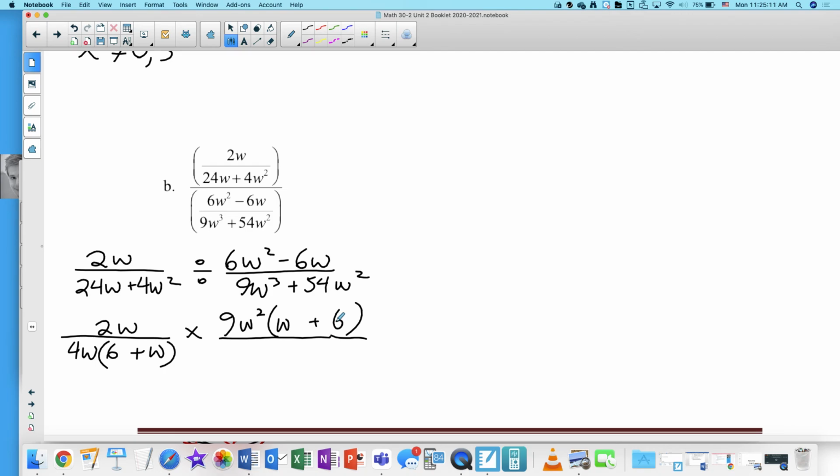And then in my denominator, the original numerator is now my denominator. How can I factor that? 6w, right. And I'm left with w minus 1. So it's really important that you look here and here and here for your non-permissible values.